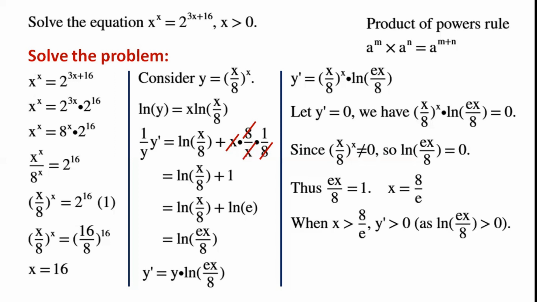When x is greater than 8 over e, y dash is greater than 0 as ln (e x over 8) is greater than 0. When x is less than 8 over e, y dash is less than 0 as ln (e x over 8) is less than 0.